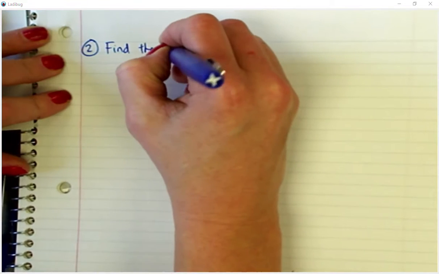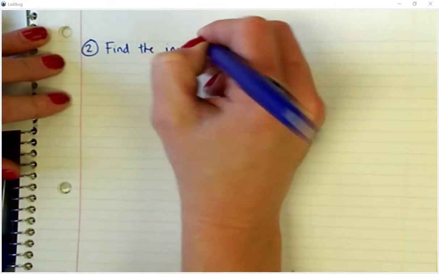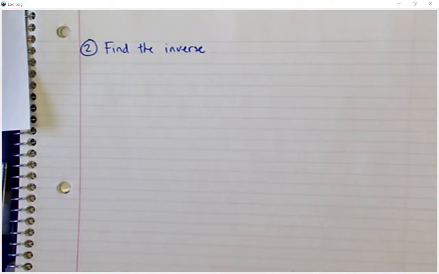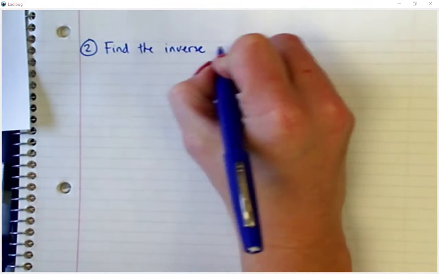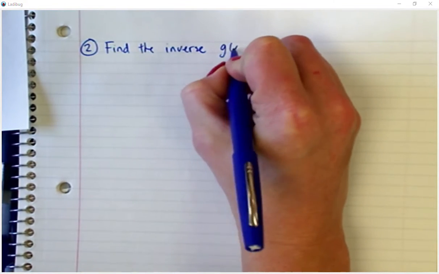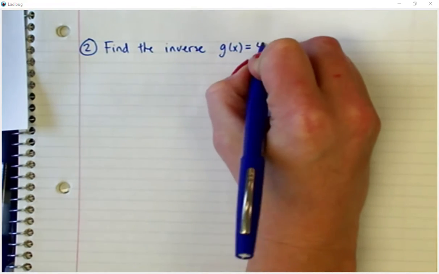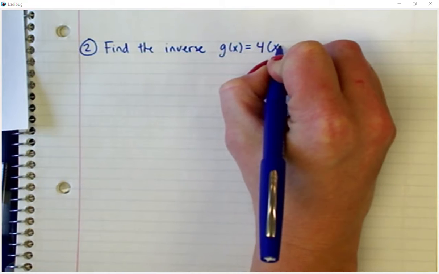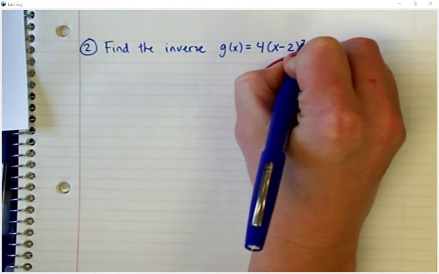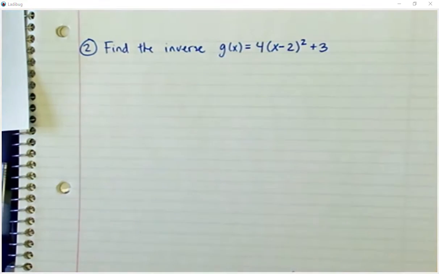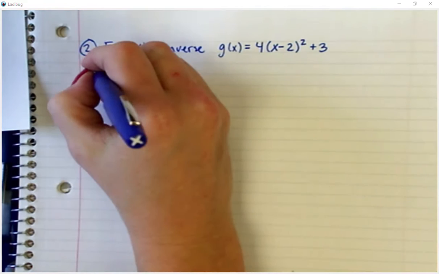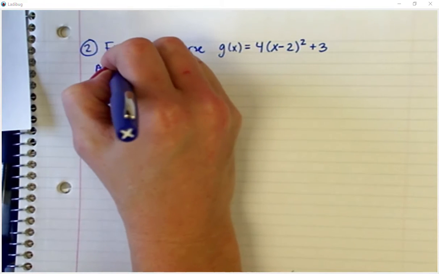Find the inverse. Okay, find the inverse given g of x equals 4x minus 2 squared plus 3. Okay, so this time I put a stretch value there. So a few more steps to finding the inverse. We're going to do it algebraically, right? A little bit of review.